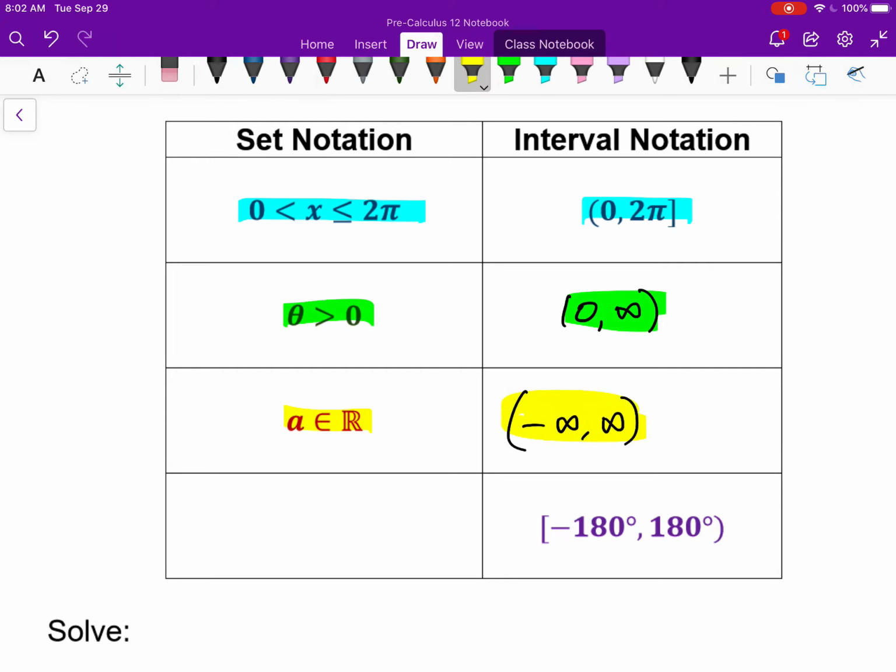And then the other way around, I have something in interval notation I want to put in set notation. So for this, pick any variable I want. I don't know, I'll go with x, I'll be boring. So we go from negative 180, including negative 180, up to positive 180, but not including that. So negative 180 degrees is less than or equal to x, or any variable you want, which is less than 180.